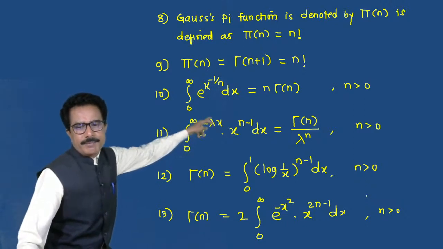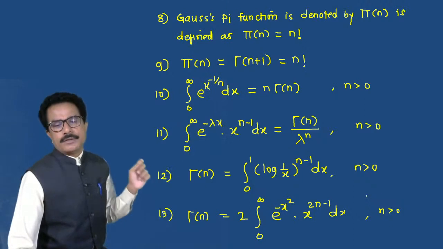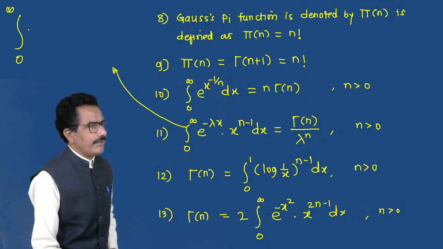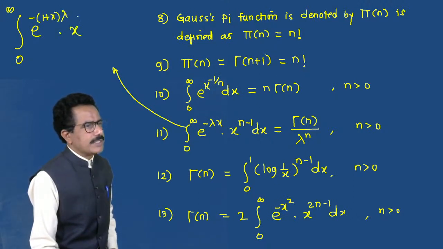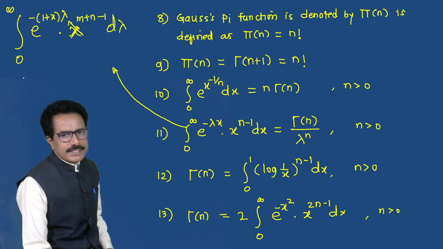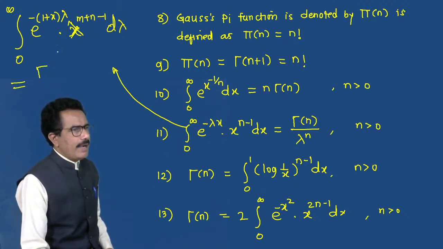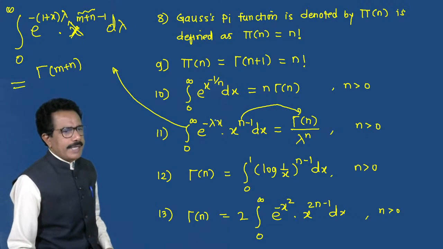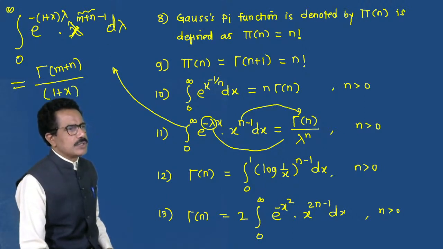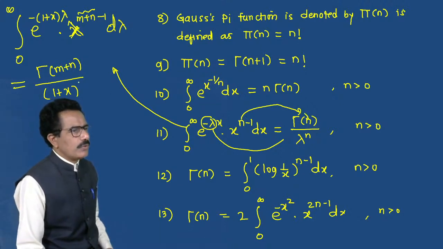This term comes here, and the power of x, which is n, becomes gamma n. So we have to convert this integral from 0 to infinity e raised to minus (1 plus x) lambda into x raised to m plus n minus 1, lambda raised to, into d lambda. By using this property we can write this as gamma of m plus n, and the lambda raised to n goes to the denominator, meaning (1 plus x) raised to n, where n means here m plus n.